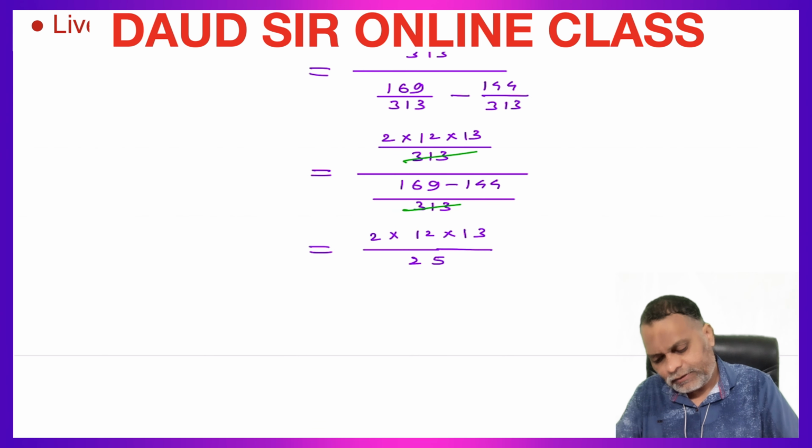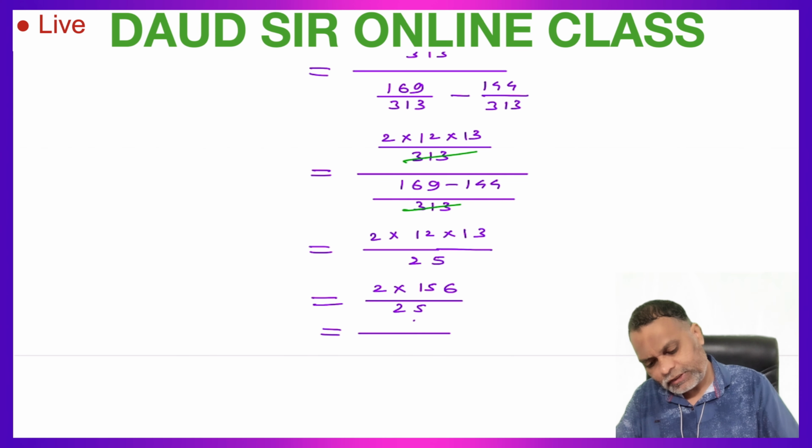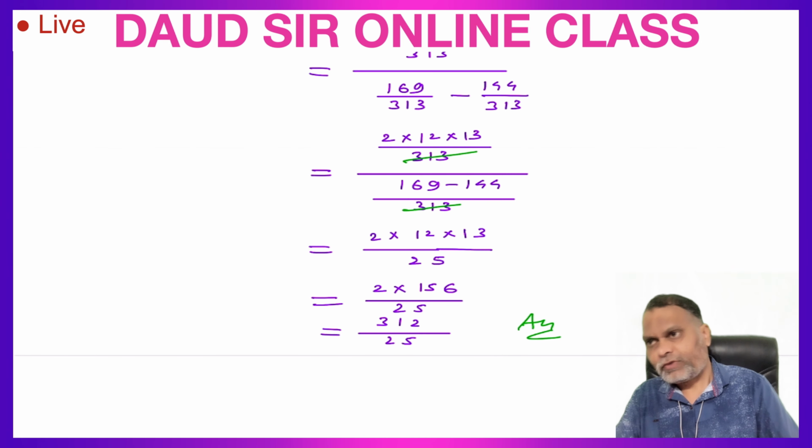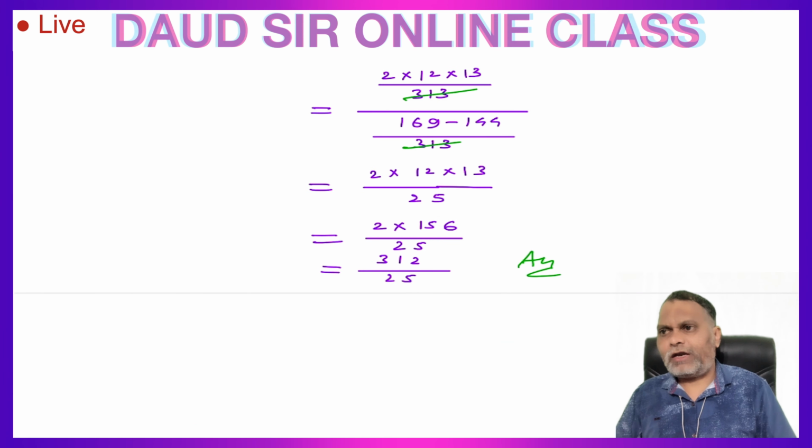Now multiply this: 2 into 13 into 12. 2 into 13 is 26, and 26 into 12 is 312, upon 25. This is the required value of 2 sin theta cos theta upon cos square theta minus sin square theta: 312 upon 25.